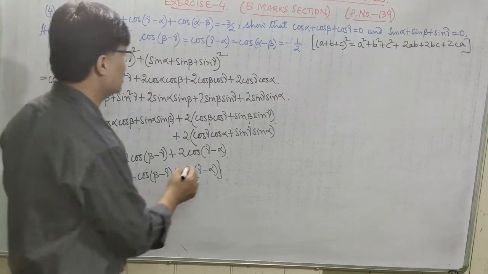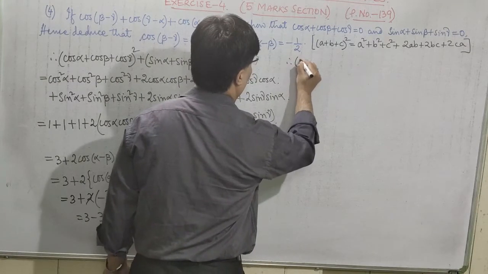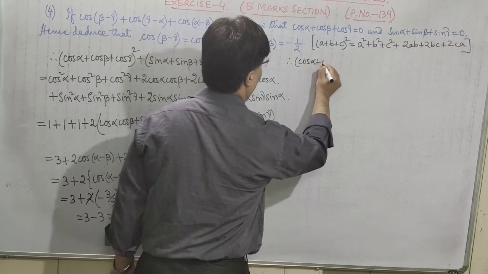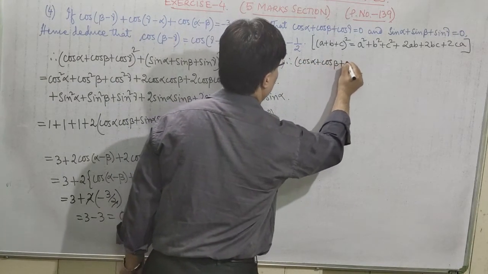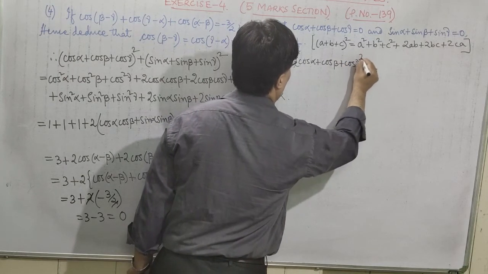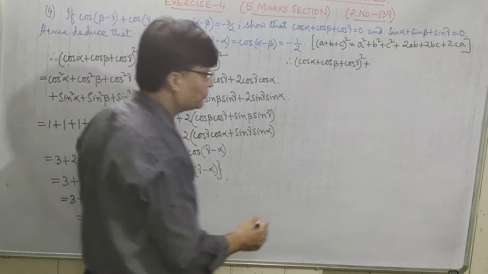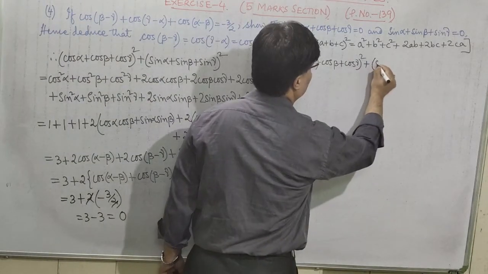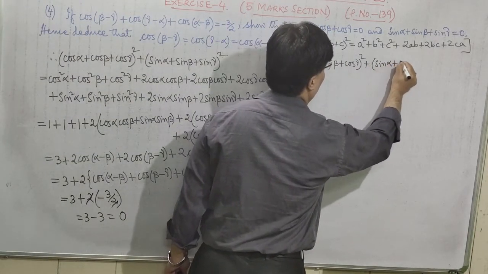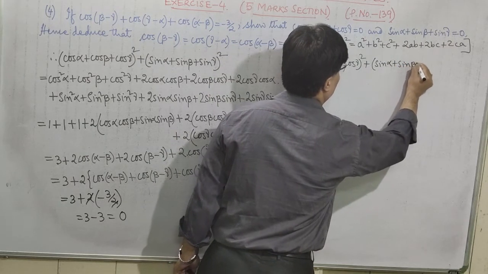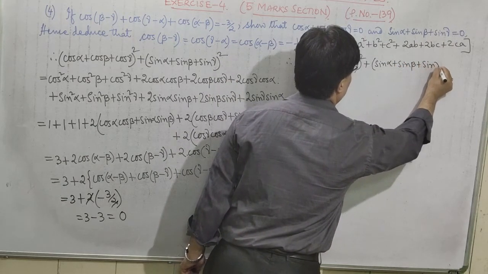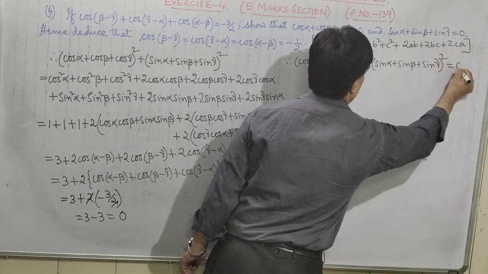So let us write here, therefore, cos alpha plus cos beta plus cos gamma whole square plus the next one, sin alpha plus sin beta plus sin gamma whole square, is equal to 0.